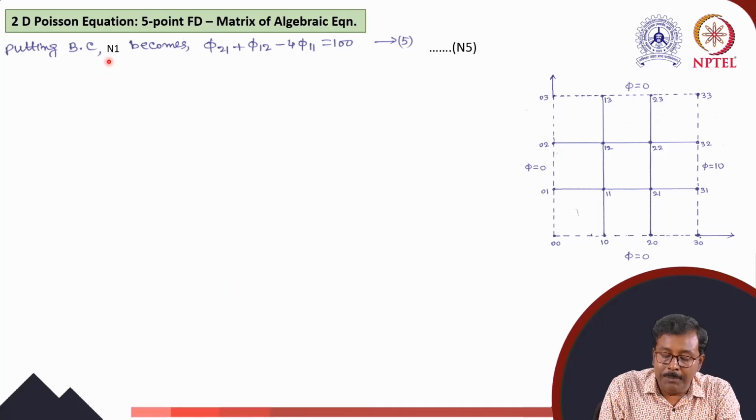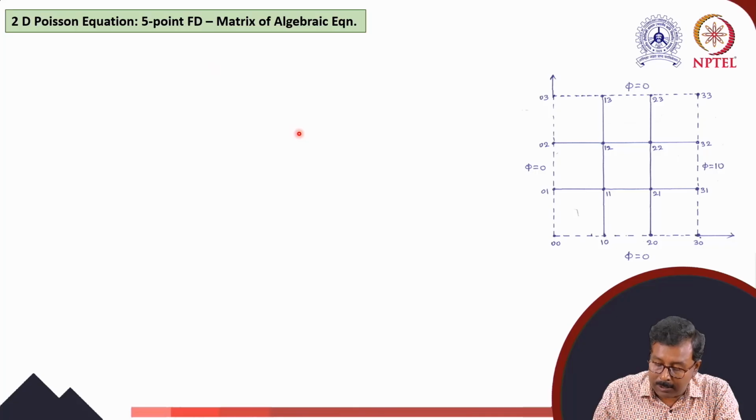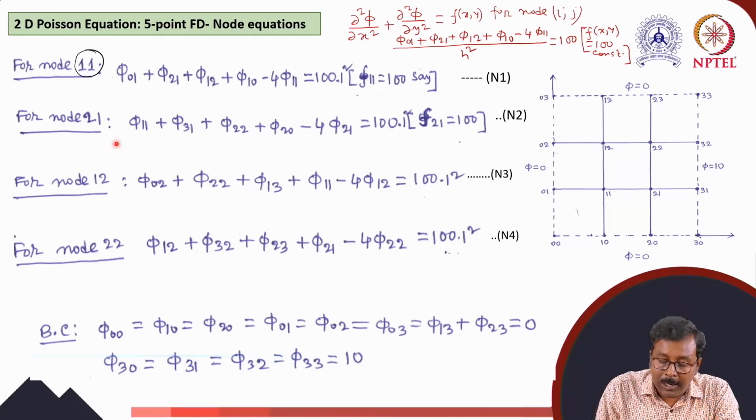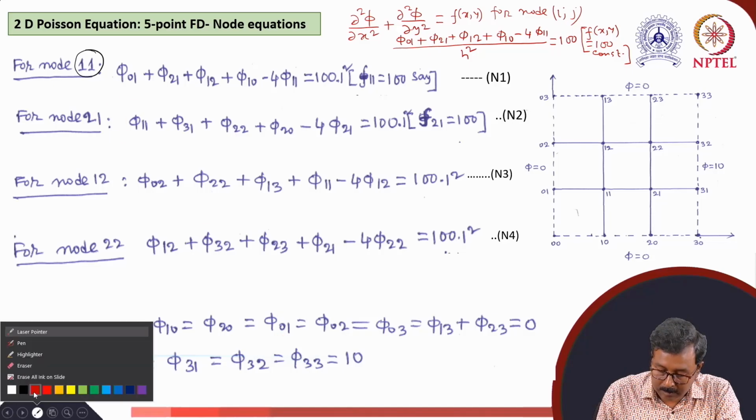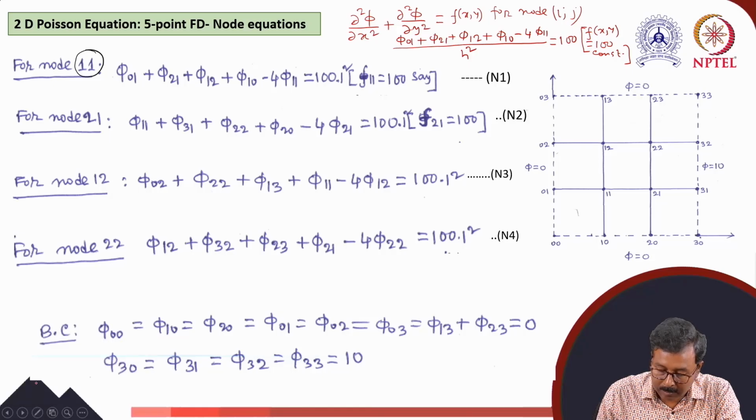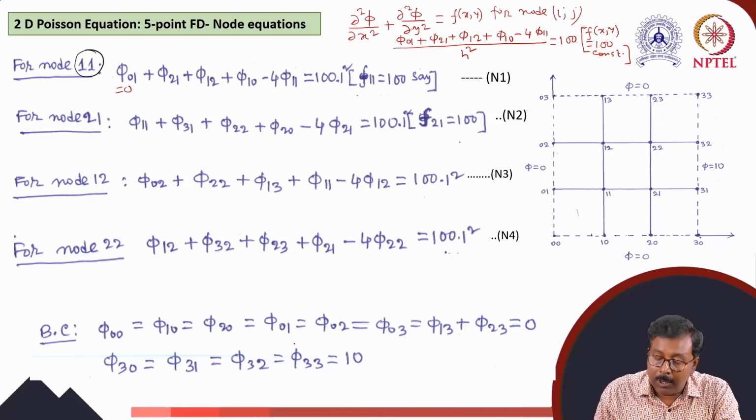If you put the boundary conditions in n1, phi 0 1 is 0, so this is 0. Phi 2 1 is an interior node, leave it.